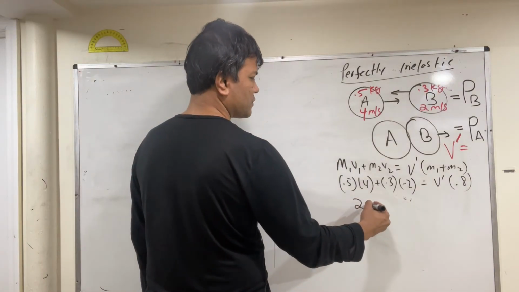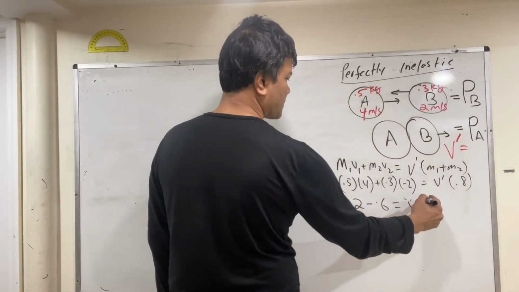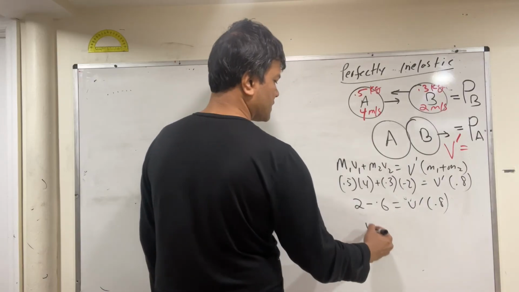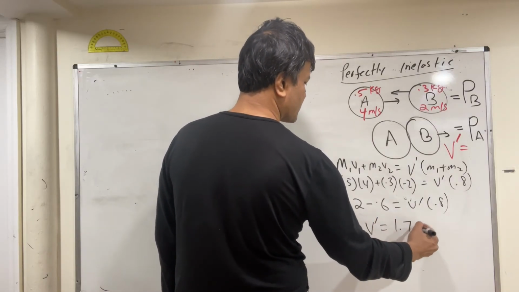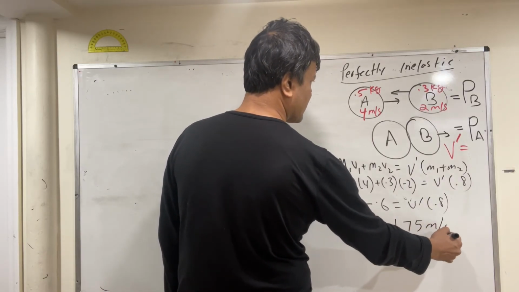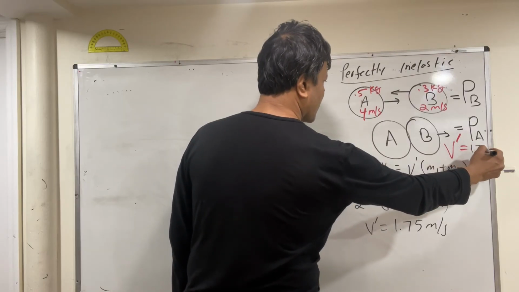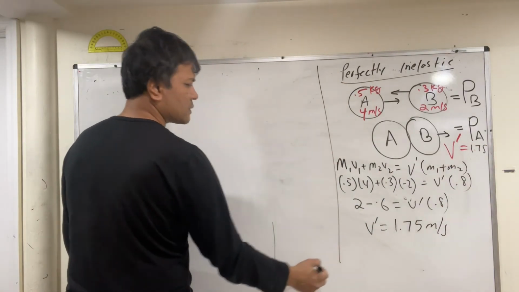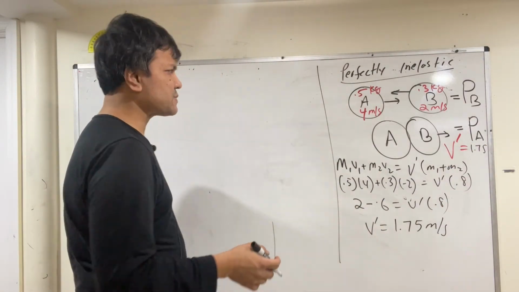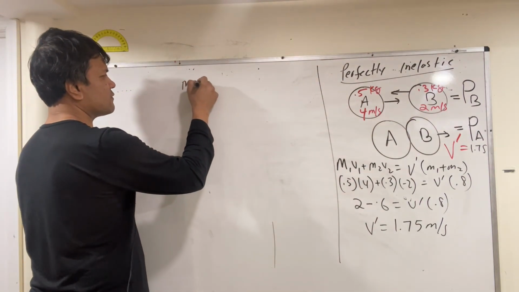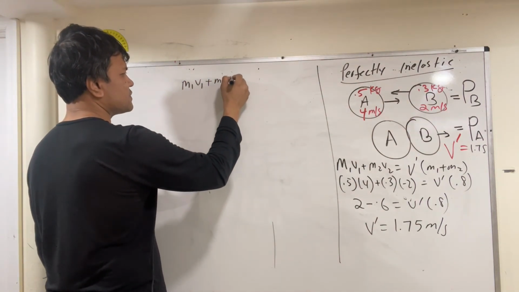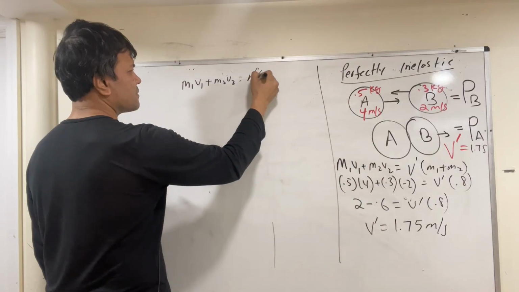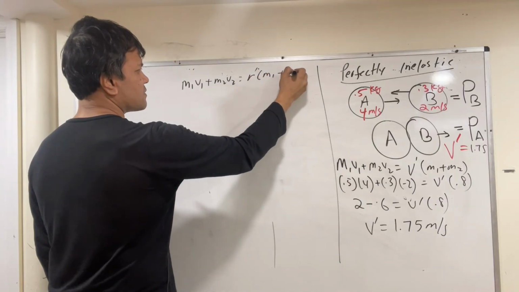So 2 minus 0.6, v prime times 0.8, v prime is 1.75 meters per second. Good. Now I'm going to see whether the momentum is conserved: m1 v1 plus m2 v2 equals v prime times m1 plus m2.